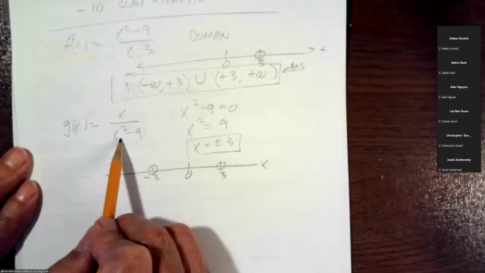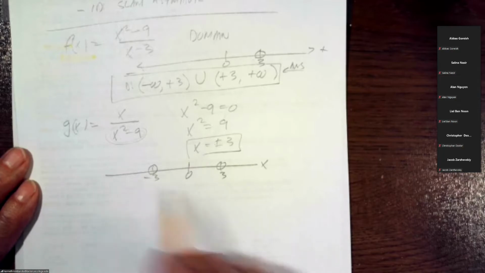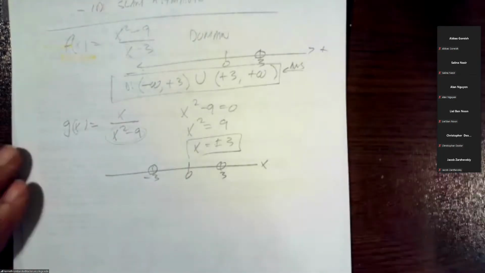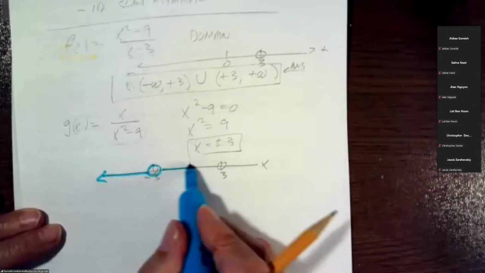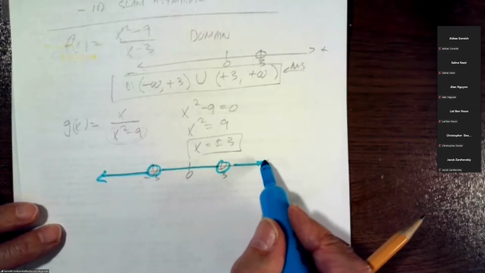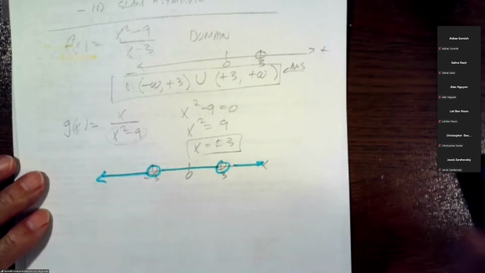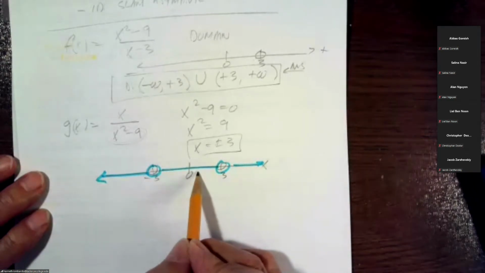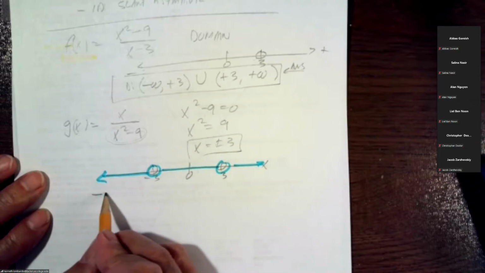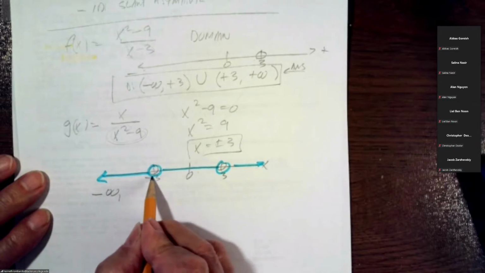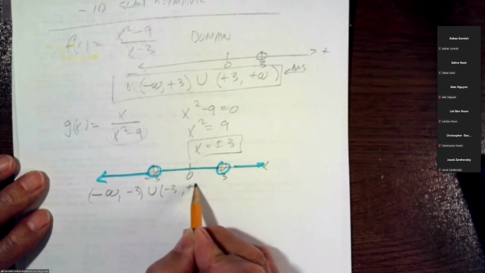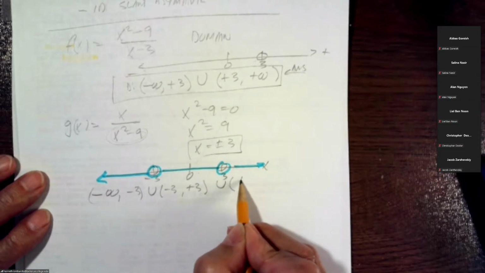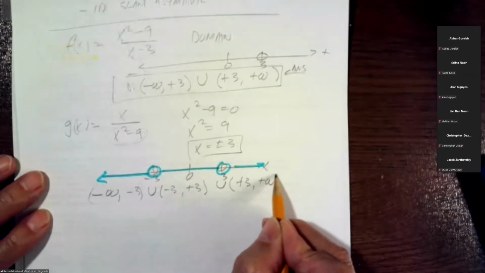So now if I want to list my domain, I can do it graphically by saying, well, it looks like we can come along here, don't include that, come along here, don't include that, and go that way. So graphically, it sort of looks like that. We could do it using interval format, which we could say, well, we go from negative infinity to negative 3, or negative 3 to positive 3, or positive 3 to positive infinity.